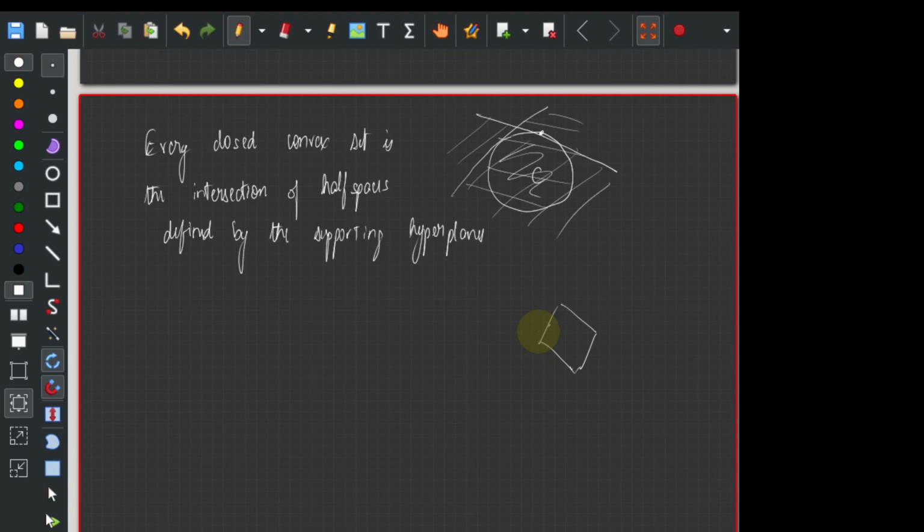Then what is the intersection of the tangent with the set itself? 1. Of course, it's possible to construct a hyperplane for which you have infinite intersection, but there's also a supporting hyperplane at the vertex which contains exactly one point from A, and that is the vertex itself. Right? So such a point is what is called an extreme point.